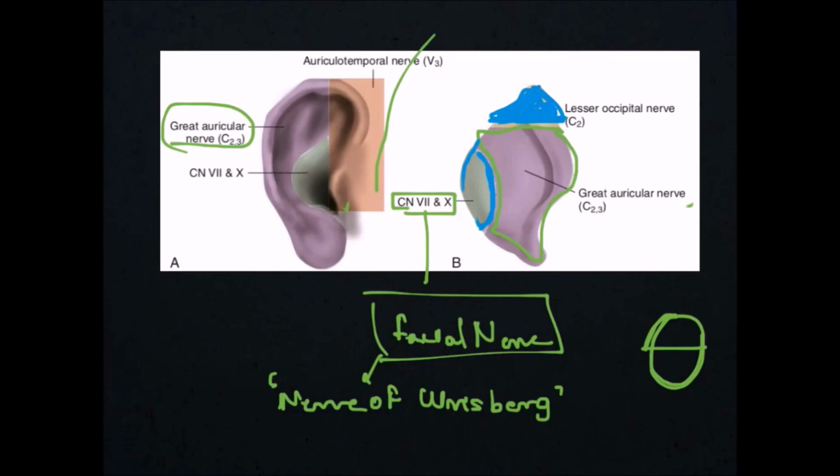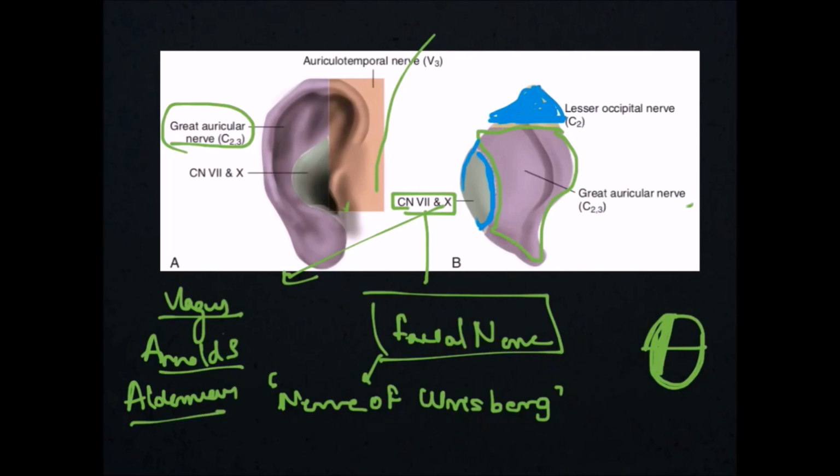If this is the external auditory canal, then the posterior part is supplied by the nerve of Risberg, and also the posterior part of the tympanic membrane. Along with the facial nerve, it also accompanies the vagus nerve. The branch of the vagus nerve is known as Arnold's nerve, also known as Alderman's nerve.